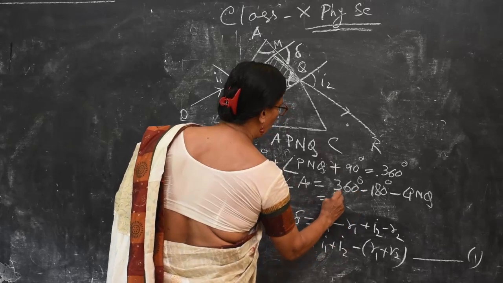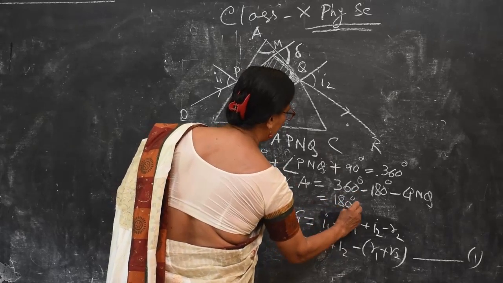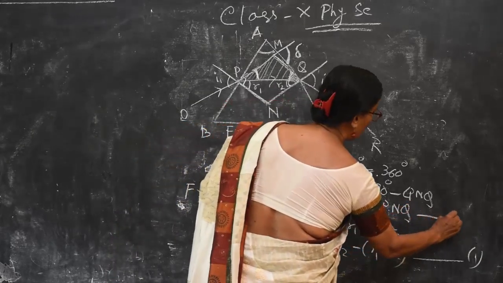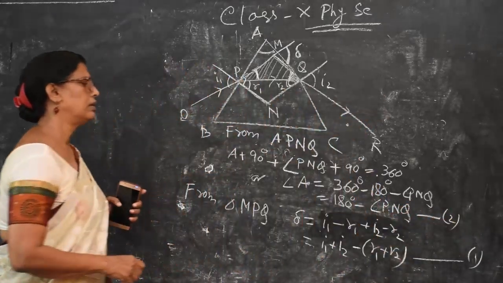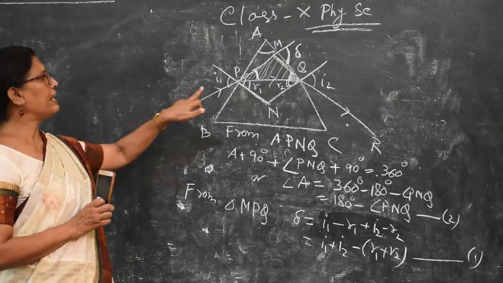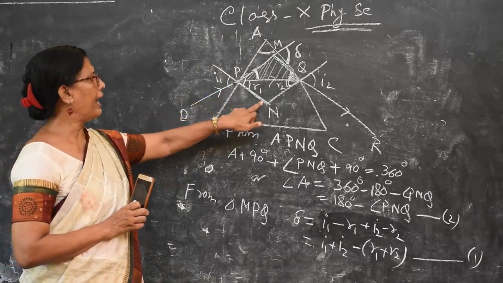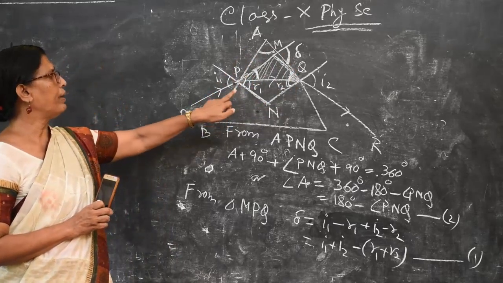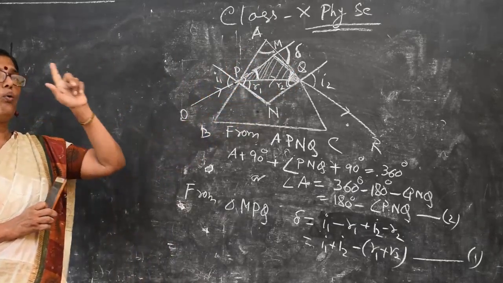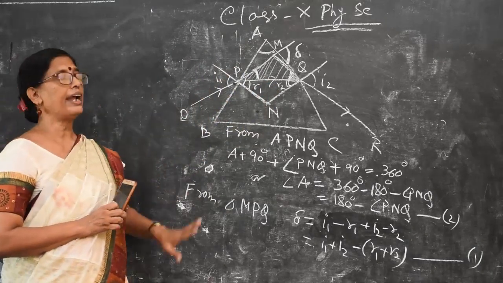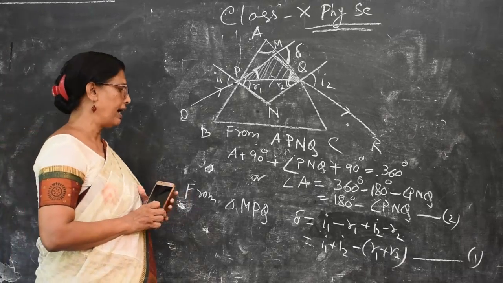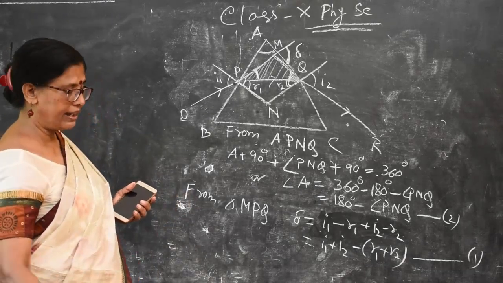So it is 180 degrees minus angle PNQ. It is equation number 2. Now again we see this angle PNQ. R1, PNQ, and R2 make 180 degrees, because in any triangle the sum of the three angles is 180 degrees. So we can write it again.